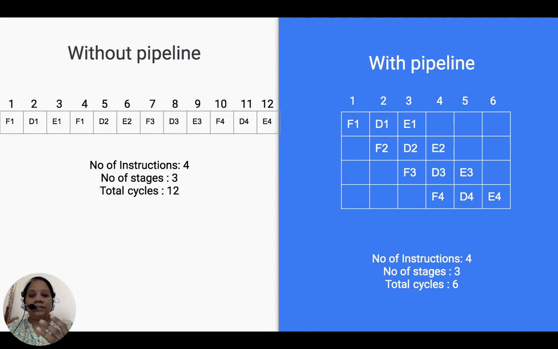From then onwards, the remaining 99 instructions will take only 99 clock cycles, because it is execute, execute, execute. So 99 plus 3, 102. So the total number of clock cycles taken will be only 102 with pipeline, whereas without pipeline it was 300.